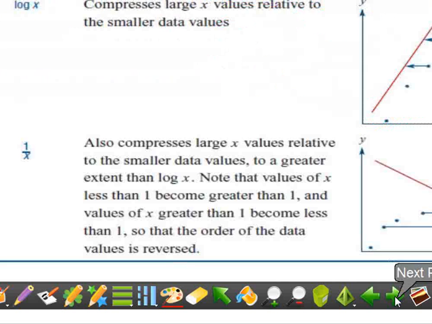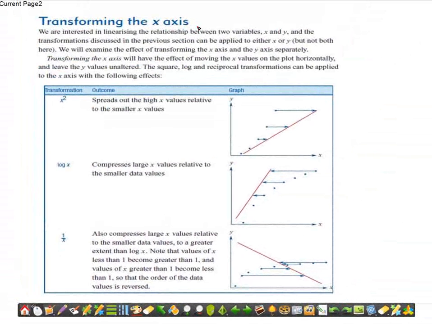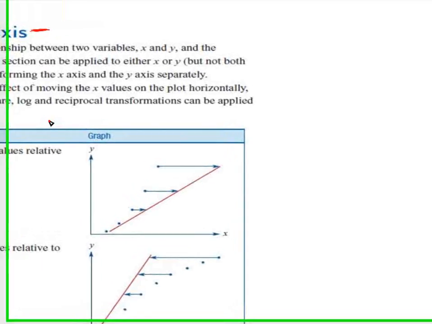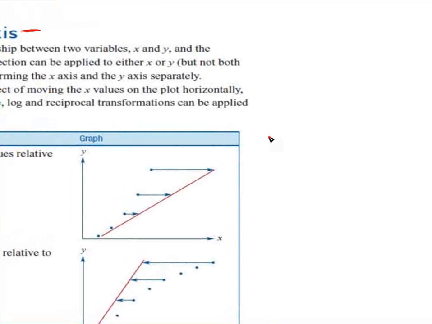So let's have a look at a situation, what happens here. Now, all I'm concentrating on here is transforming the x-axis. We've got to repeat this whole process for the y-axis. Now, what happens is we're trying to linearize a relationship.